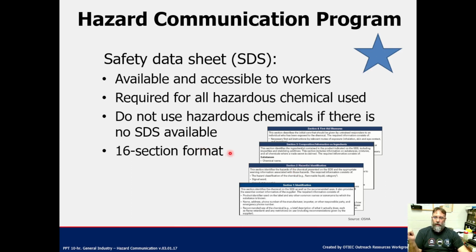One of the things as well, note on there, if you cannot find an SDS on that chemical, it's illegal to use. You need to find some sort of substitute. You can't just come up and say, well, it's out there, can we use it? No, you can't.